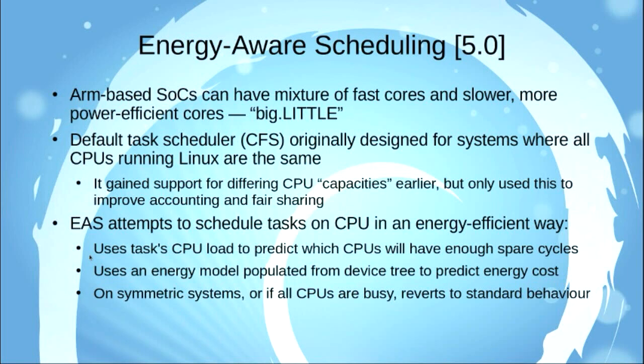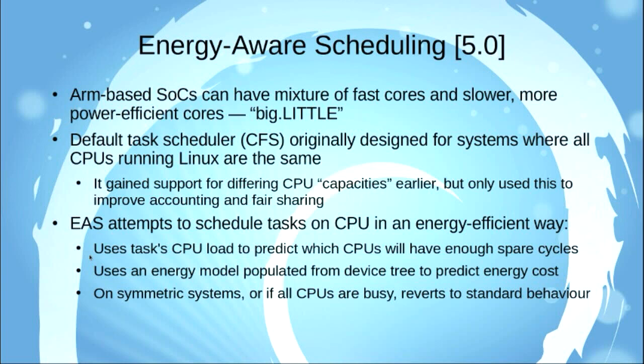The default task scheduler, called CFS for Completely Fair Scheduler, was originally designed for systems where all the CPUs running Linux were the same. So they were the same frequency and otherwise had the same capabilities.